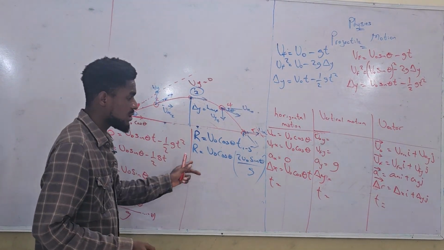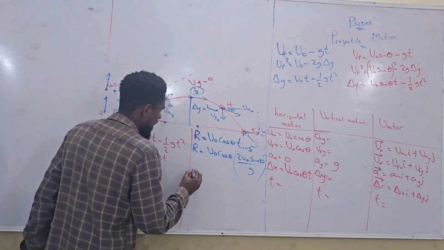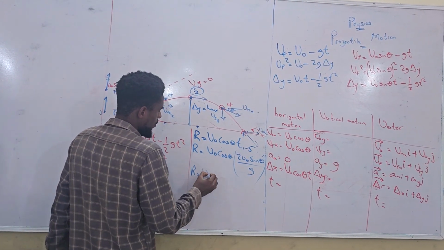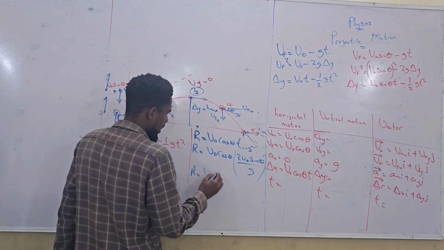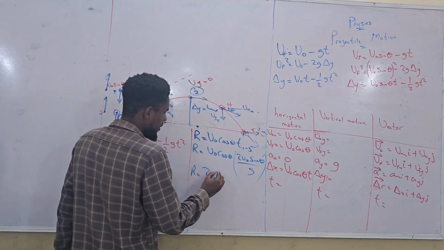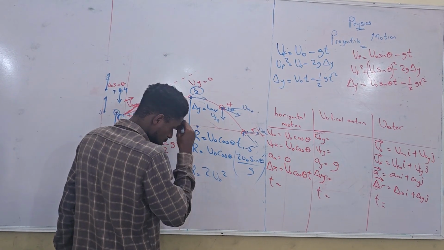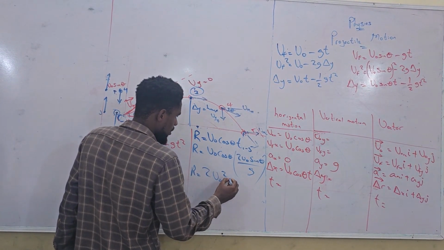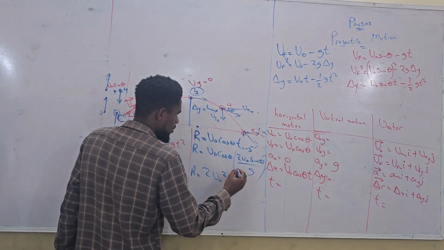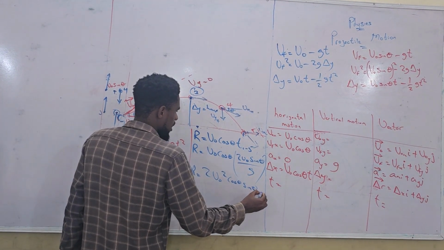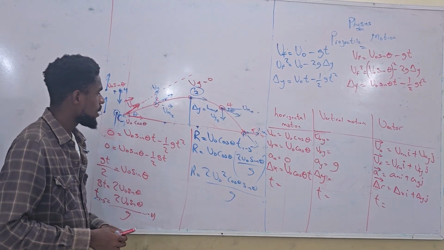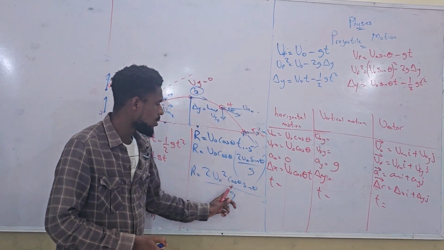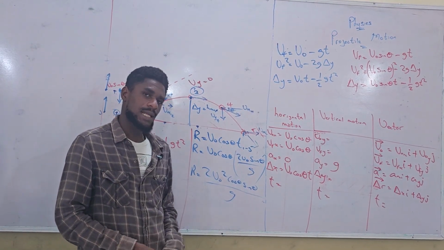If I open the bracket, you'll see that R is equal to 2 V naught squared cos theta sine theta all over g. Now, we can't leave our answer like this.